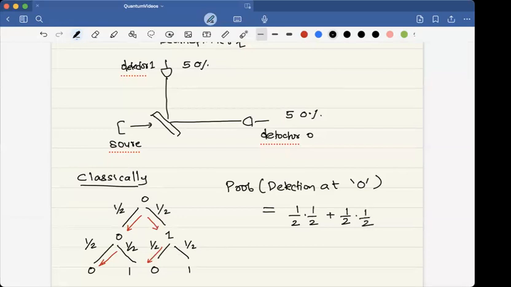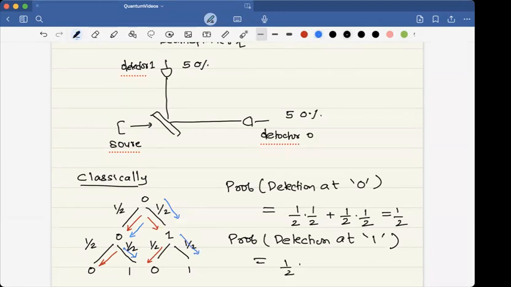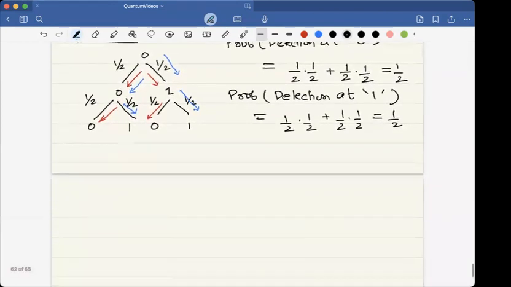I multiply the probabilities, so this is 1 over 4 plus 1 over 4, which is 1 over 2. Similarly, for the probability of detection at detector 1, I will follow this blue path over here. Again, this is half times half plus half times half, which is equal to 1 over 2.